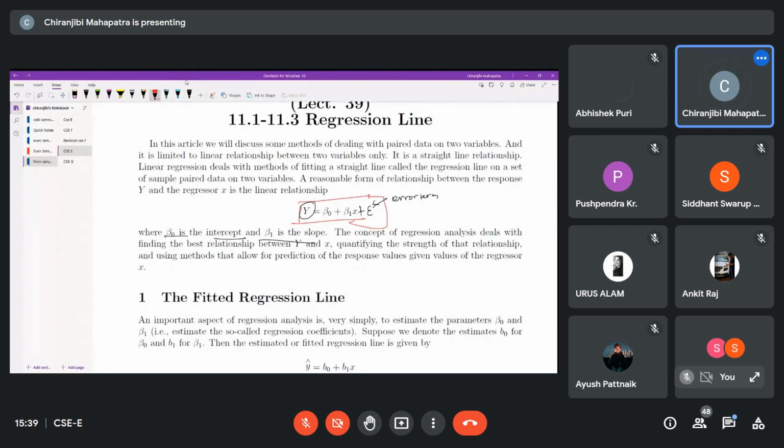The concept of regression deals with finding the best linear relationship between y and x, quantifying the strength of that relationship, and using methods that allow for the prediction of response values given values of x. Okay, so एक होता है तुम्हारा रेस्पॉन्स वेरिएबल जैसे कि y, it is the response, or we can say that it is a dependent variable.